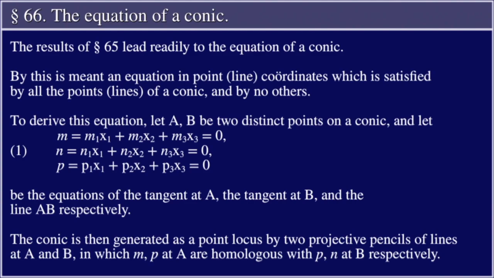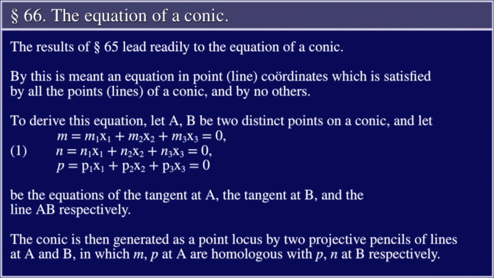To derive this equation, let A, B be two distinct points on a conic, and let equations 1, m = m1x1 + m2x2 + m3x3 = 0, n = n1x1 + n2x2 + n3x3 = 0, p = p1x1 + p2x2 + p3x3 = 0, be the equations of the tangent at A, the tangent at B, and the line AB respectively.